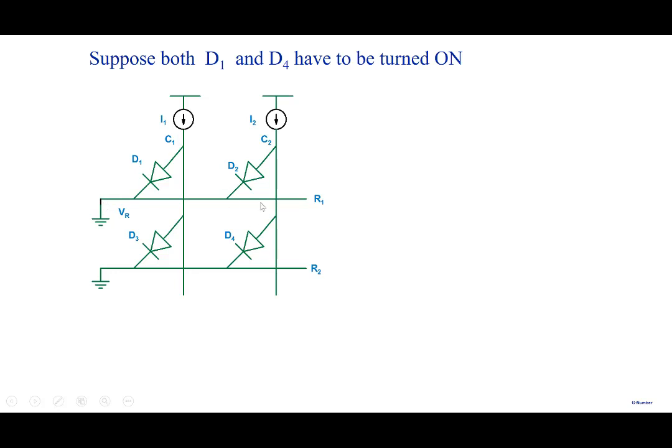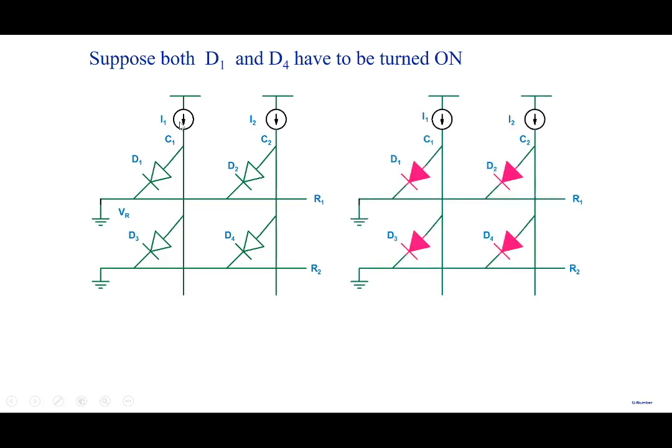If I want D4 to be on, I will have to pass a current through this column, and it has to flow here, so I'll have to make this also ground. But then what do you see? Well, this current that sees here, it will not only flow through D1, but it will flow through D3 also. So what will happen is this current, which was intended only for D1, now gets shared between D1 and D3. So D3 also turns on.